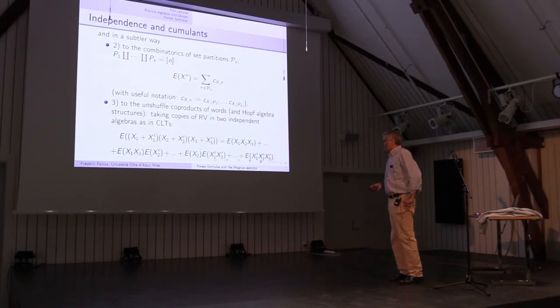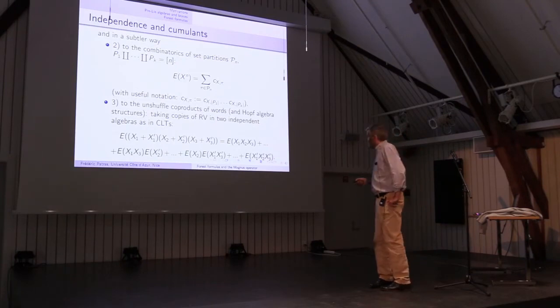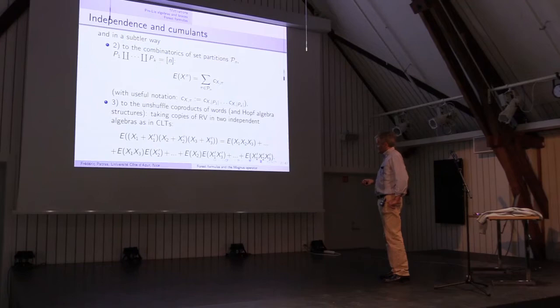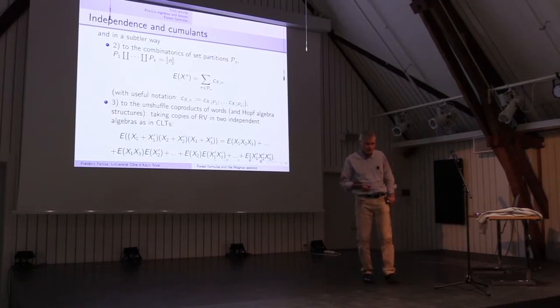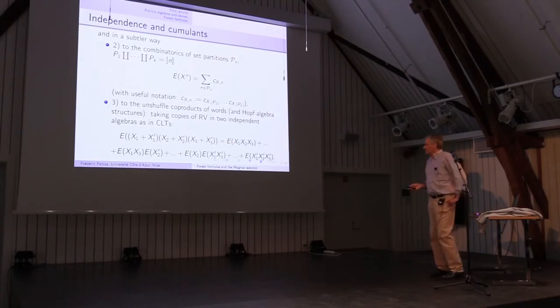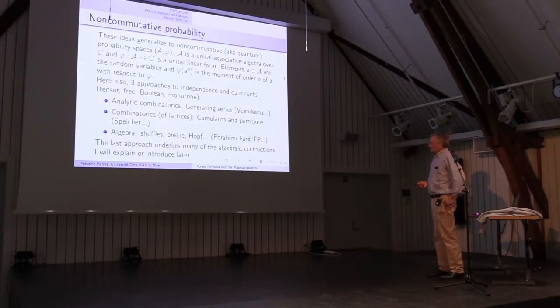So this last formulation of independence points out in a different direction than the two other ones. Namely, it relates to the combinatorics of shuffles and shuffle of words and unshuffling of words. So that's not exactly what I want to speak about.